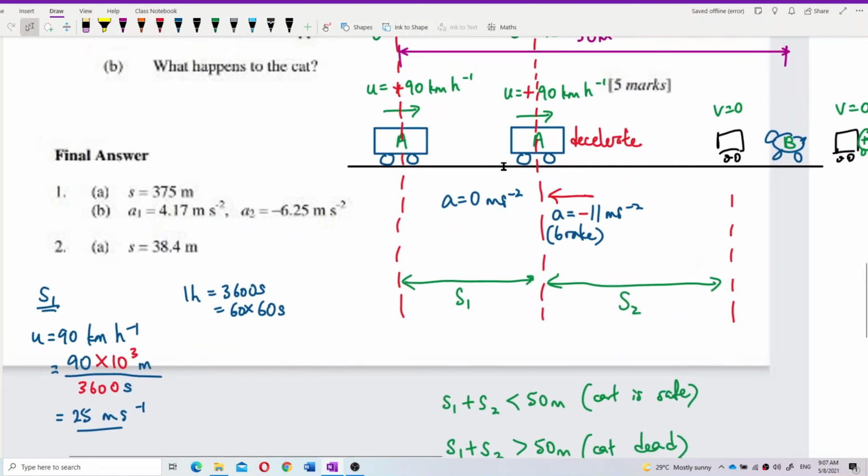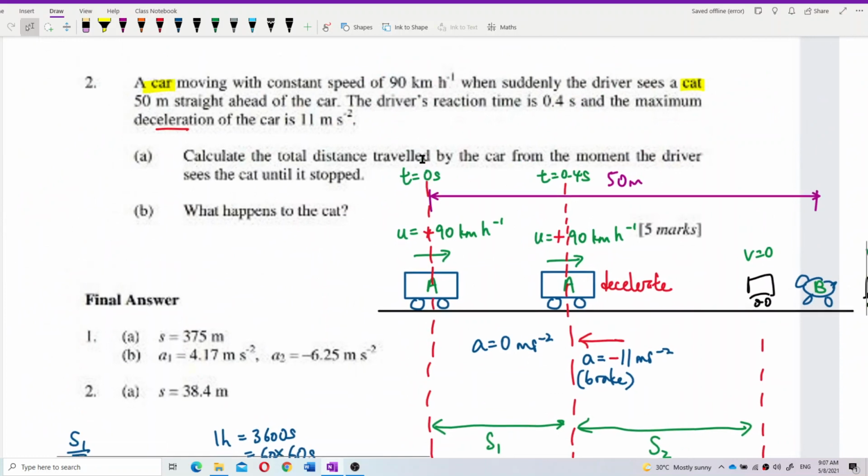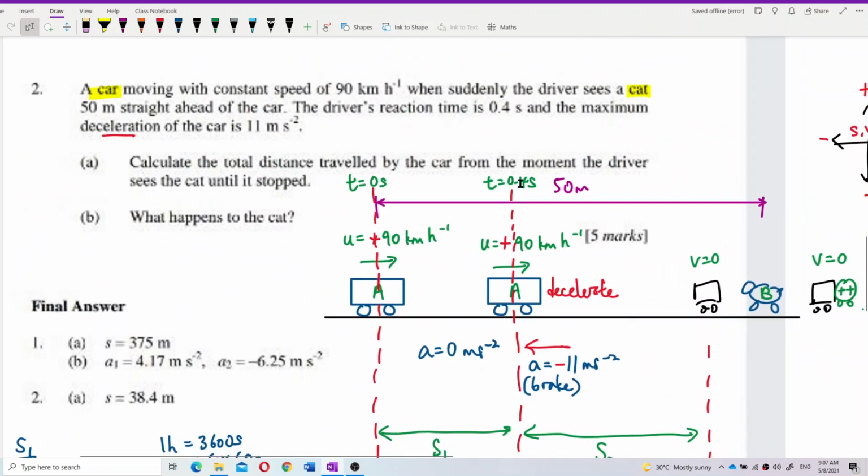Okay, so for S1, before he realized, the reaction time is still not over. So the acceleration is 0. No braking yet. So how far is S1? The velocity is 25, and the time taken is 0.4 seconds.